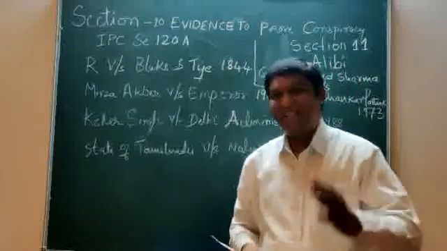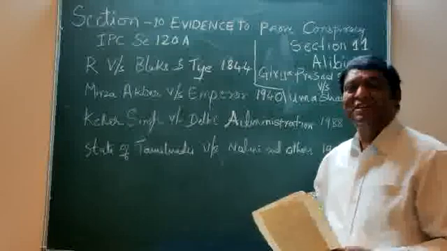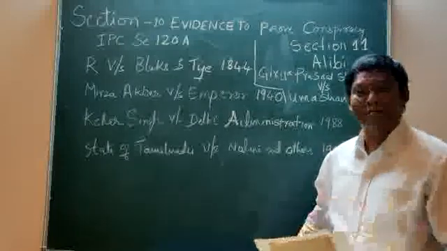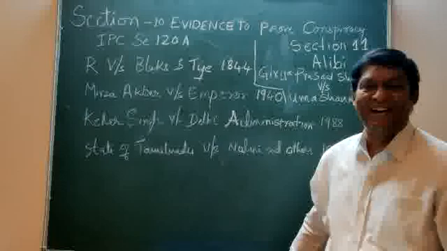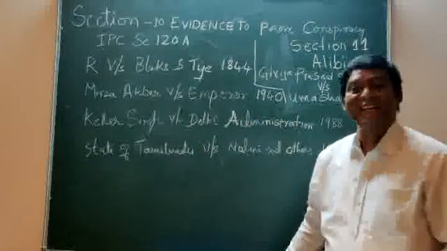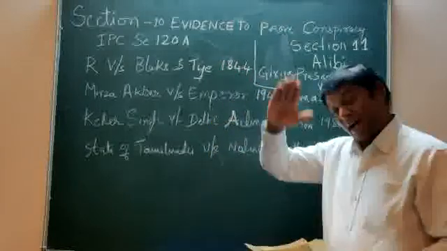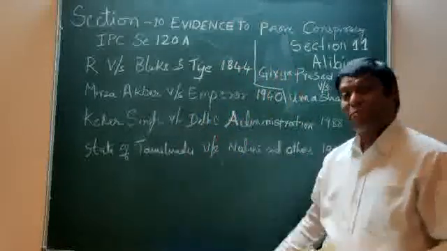Okay? So like that, when you become an advocate, when someone comes and you want to defend your clients, yes, you can take section 11, that is alibi. My client was not there on the spot of the crime. My client was there in a different place.